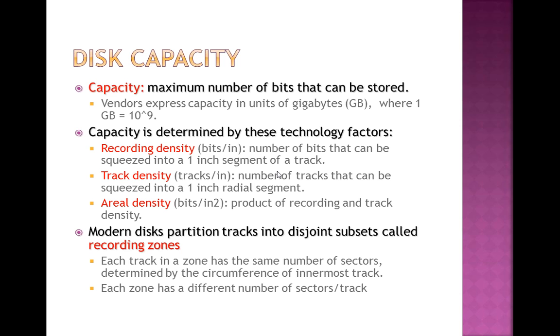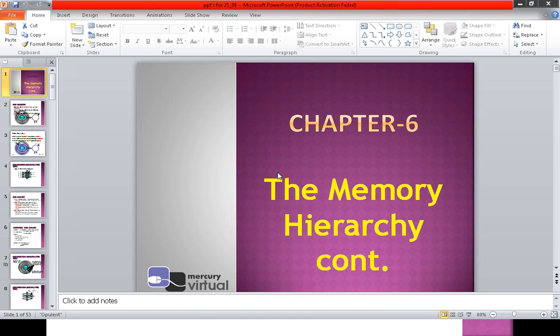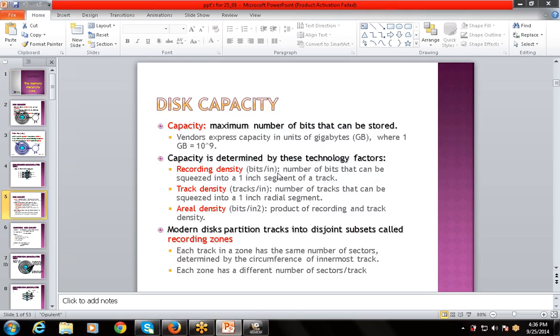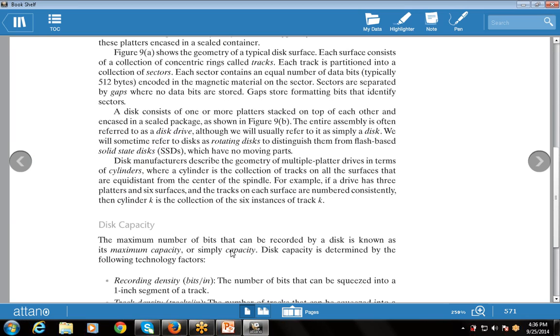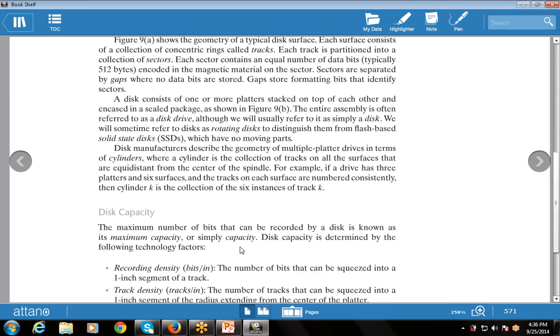Then disk capacity. This is the disk capacity. That is, the maximum number of bits that can be recorded by the disk is known as the maximum capacity, or simply capacity, or disk capacity. We can say anything. So disk capacity is determined by the following factors.